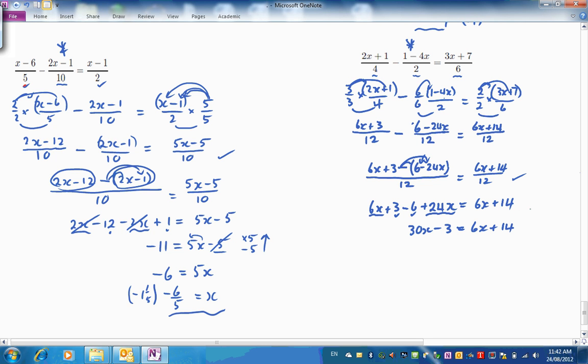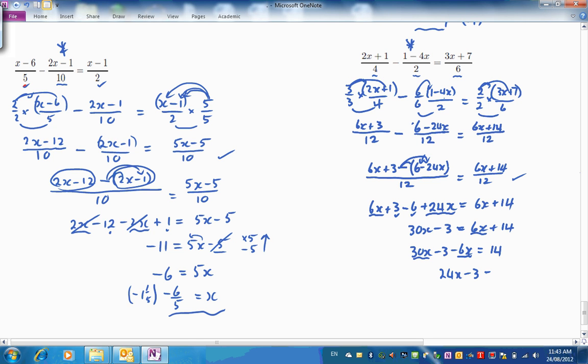Okay, let's collect all the x's on the left-hand side. So it's plus 6x here, so let's take 6x away. If we take 6x, we will be left with 14 over here. So let's do it. 30x take 6x is 24x. Put that down.